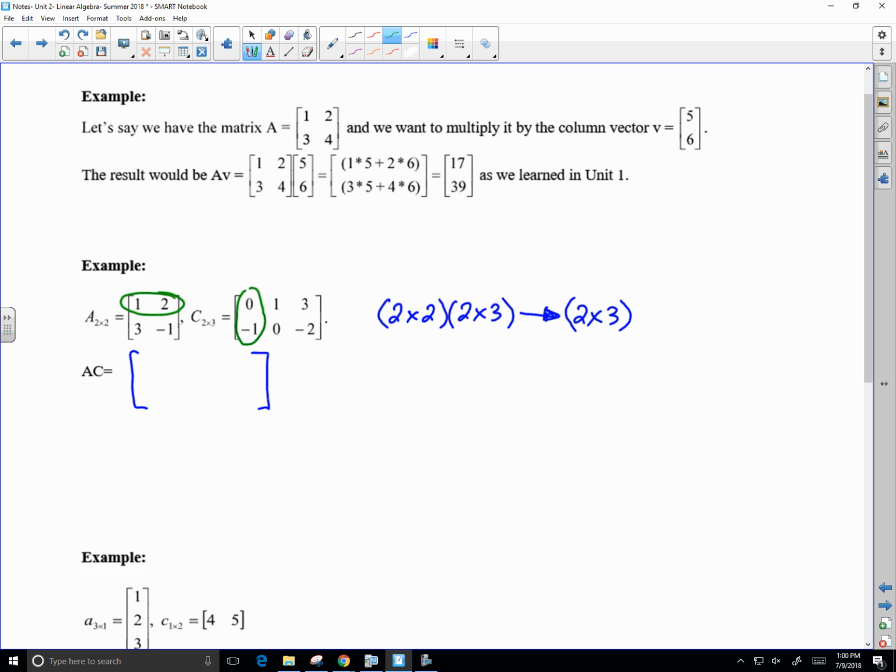Corresponding parts. Just kind of off on the side or in your head. In your head is preferred, obviously, but it even took me a while to get a handle on this. You're taking the 1, multiplying it by the 0, the 2, multiplying it by the -1, and adding it together.